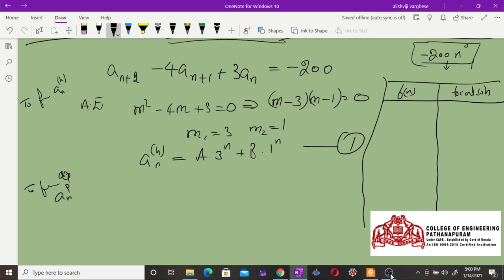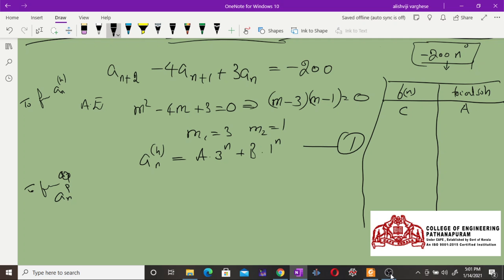If it is a constant, then the trial solution is of the form a, an arbitrary constant.